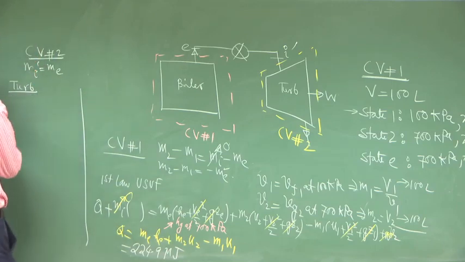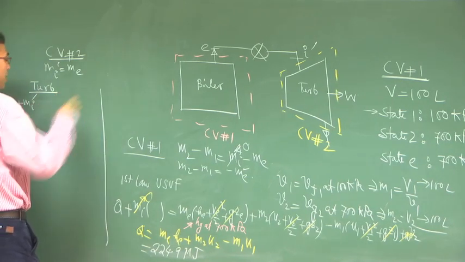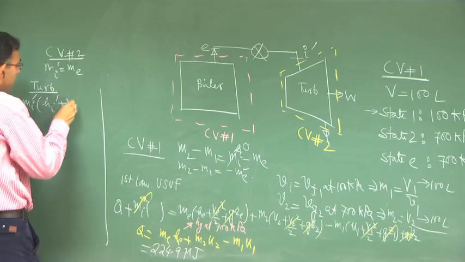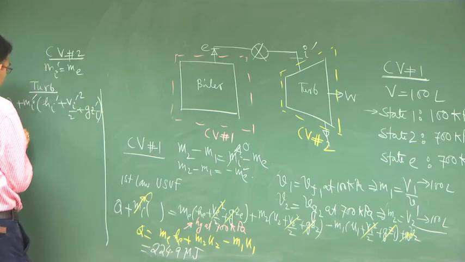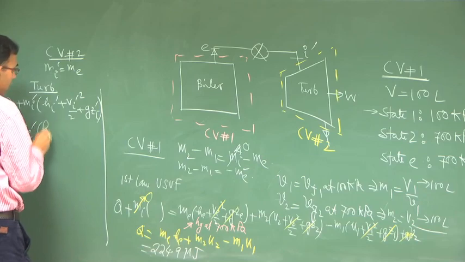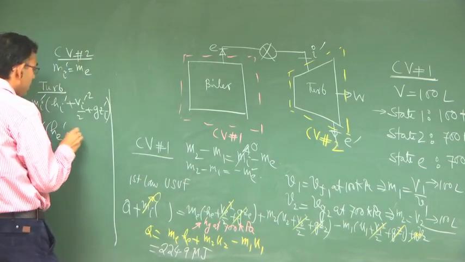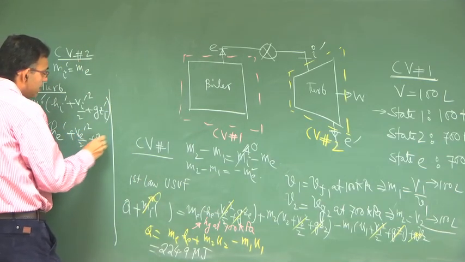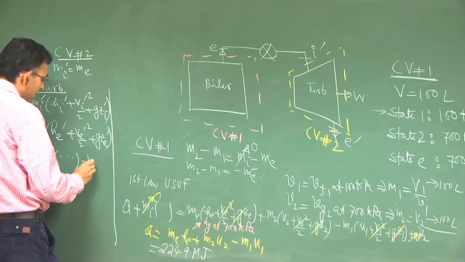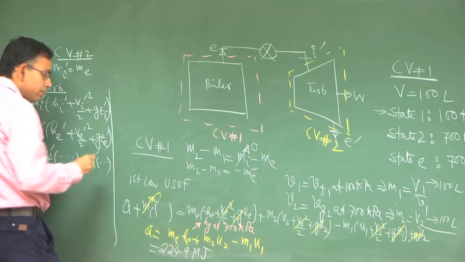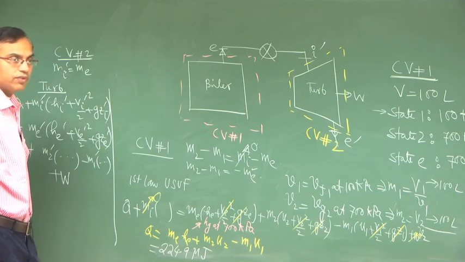Q plus mi prime into (hi prime plus Vi prime square by 2 plus g zi prime) is equal to me prime into (he prime plus Ve prime square by 2 plus g ze prime) plus the M2 and M1 terms, plus W. Very important: this is the purpose of the turbine, to get work done.